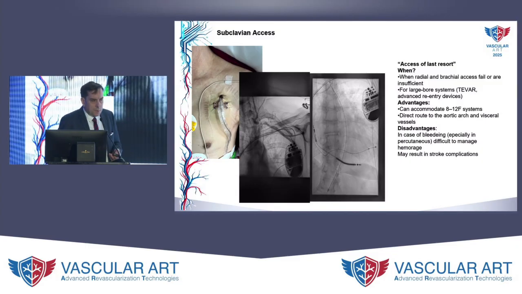The patient was on ECMO, so we could not use the groins because they were busy with a lot of equipment. The doctors from cardiac surgery wanted to convert the ECMO to an IABP, so they asked us for help. So we used the subclavian artery.